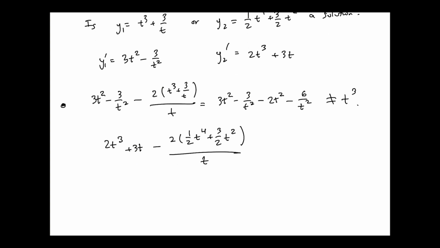Okay, so let's simplify this. What do we got? 2t cubed plus 3t. The 2's cancel, so that'd be minus t cubed, and then minus 3t. It'd just be t, because I haven't had coffee yet this morning, guys, so not really firing on all 4 cylinders. So what do we get here? t cubed. So that one's not the fake Rolex.